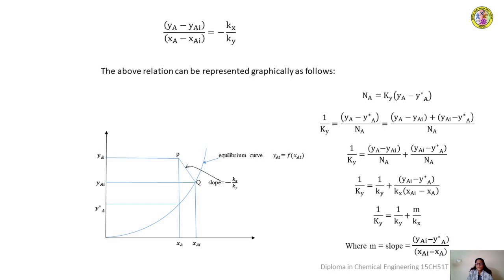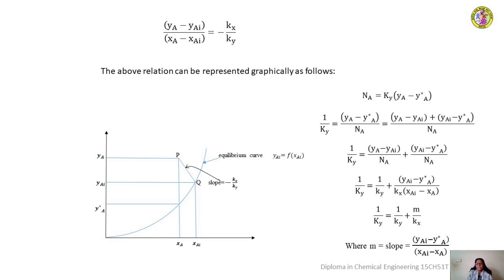So it becomes YA minus YAI plus YAI minus YA star. Then YA minus YAI can be separately written in the next equation. So it becomes 1 by capital Ky is equal to YA minus YAI divided by NA plus YAI minus YA star divided by NA.